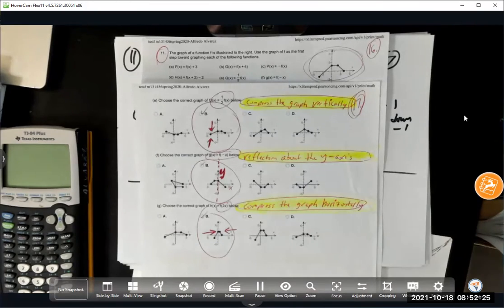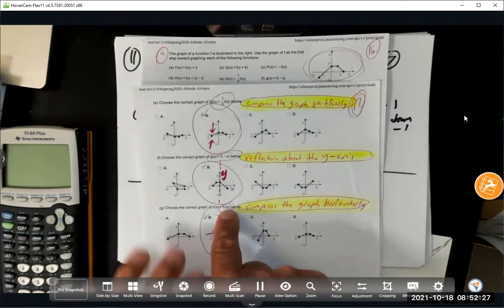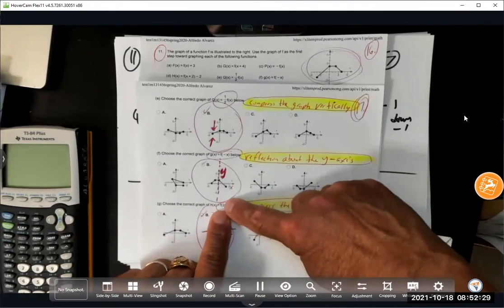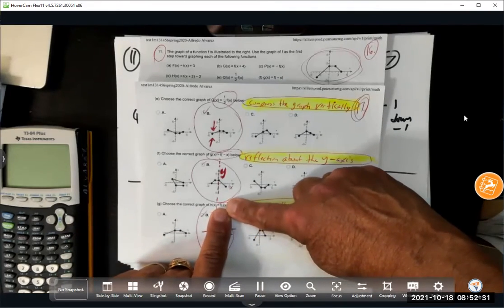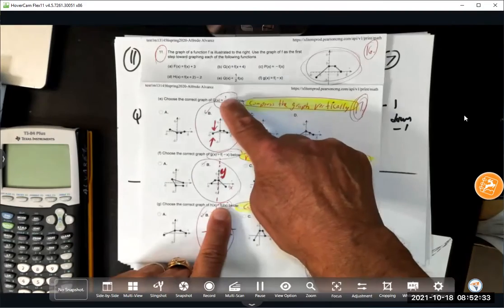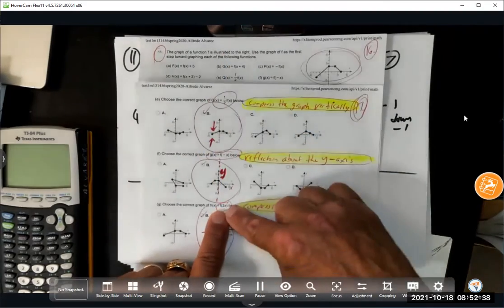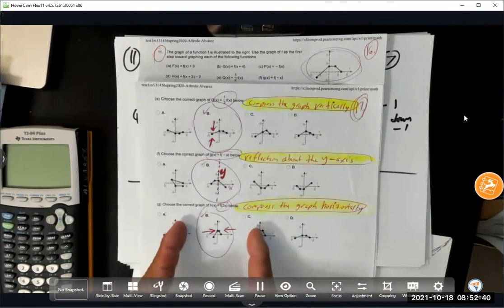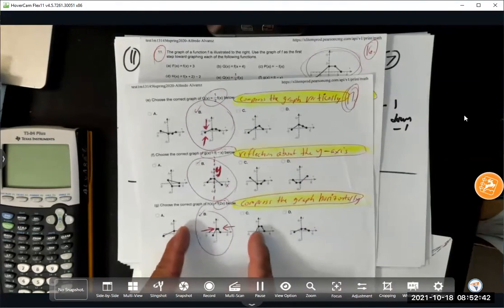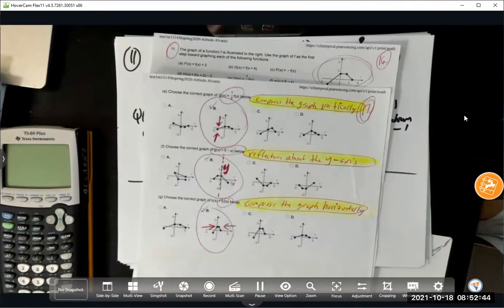Last thing, when you replace all the x's with 2x, 3x, 4x, 5x, whatever these are, remember that the fraction 1/2, 1/3 outside crushes it this way. When you put a 2x, 3x in here, it crushes it this way. Boom, like that. That makes sense?